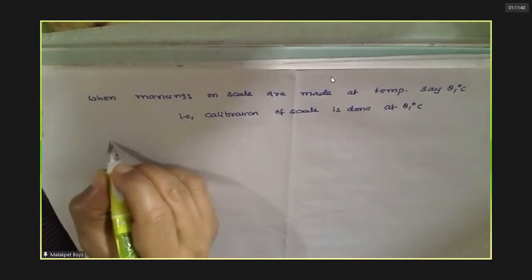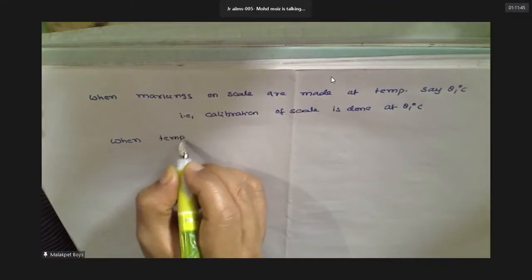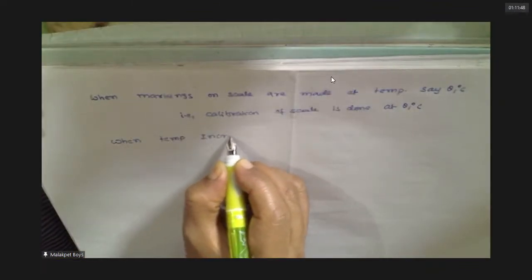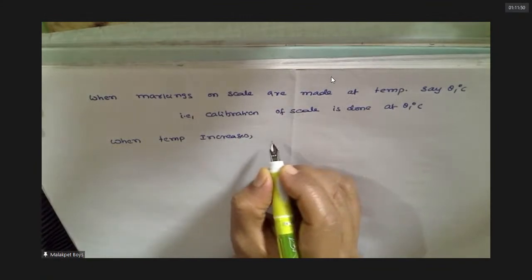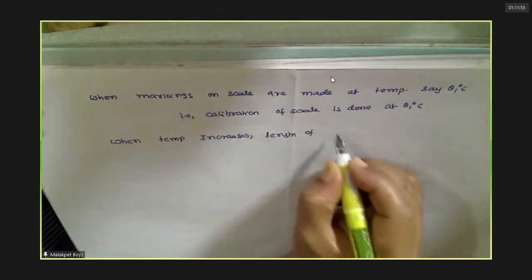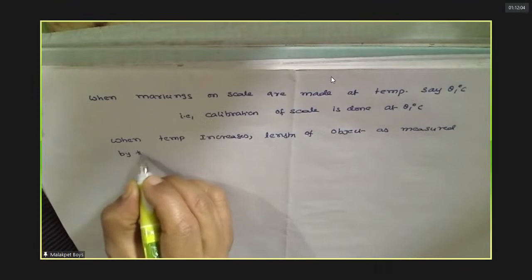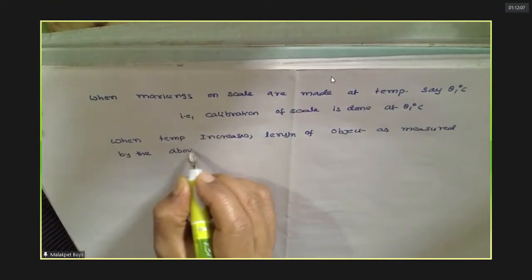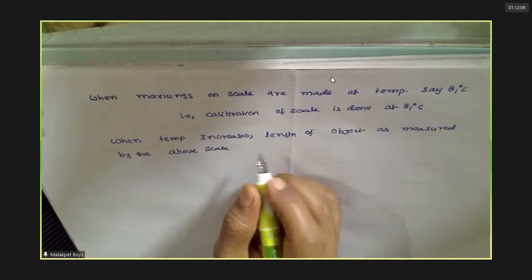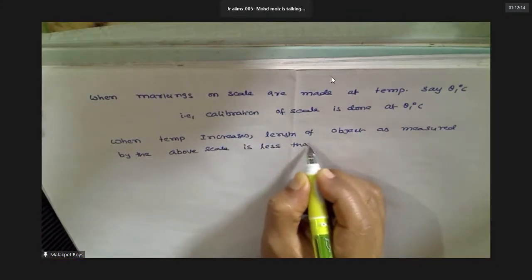Agreed? When temperature increases, what will happen? Length decreases. The length of the object is less than the actual length.